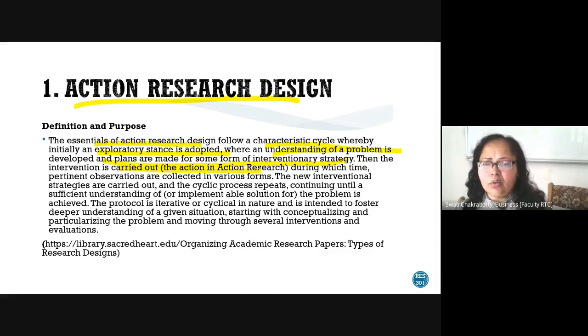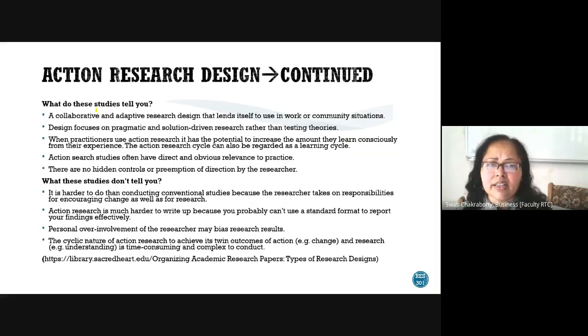These interventional strategies are repeated in a cyclical process until you get a sufficient understanding of the solution that you want to implement. So you get a better understanding of the problem, and you are in a better position to apply the solution.